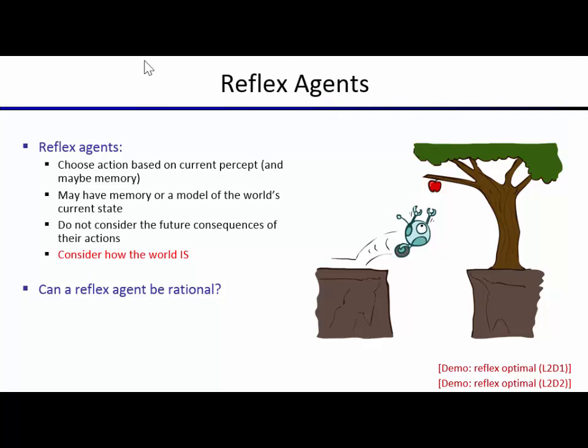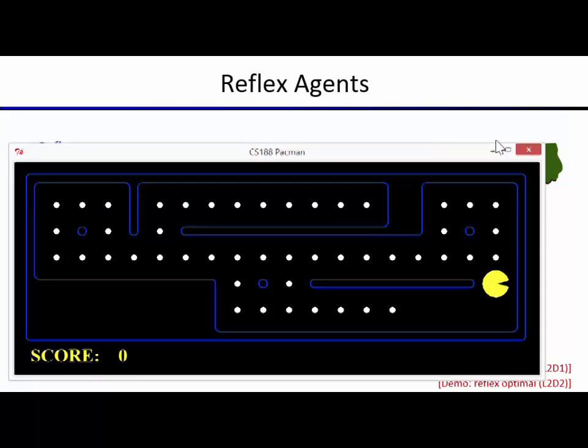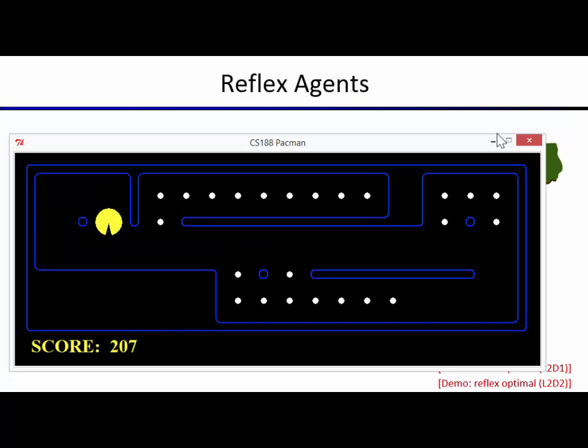Okay, now let's take a look at another scenario with the same reflex agent, but acting in a different environment. So we have, again, a reflex agent where it just takes the move in the direction of the closest dot. Let's see what happens. It's cleaning the board pretty efficiently so far.